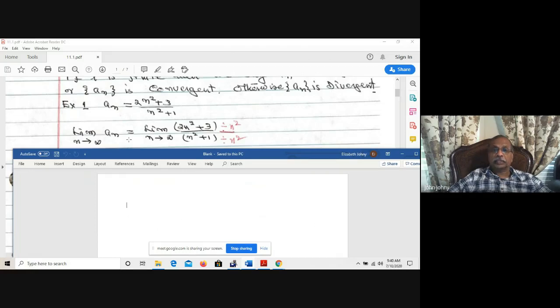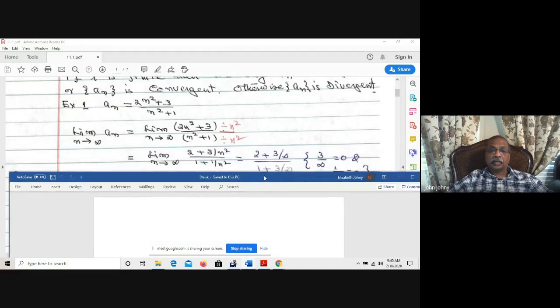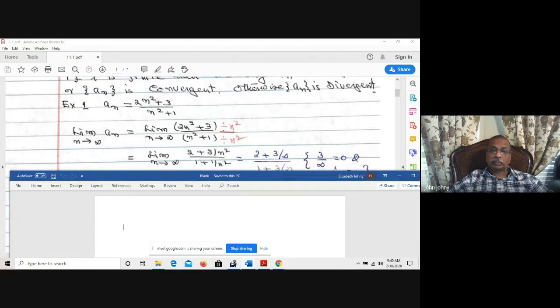You divide both numerator and denominator by n square because n square is the highest degree term. So you get the limit of (2 plus 3 over n square) divided by (1 plus 1 over n square).